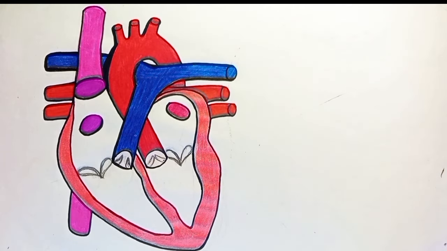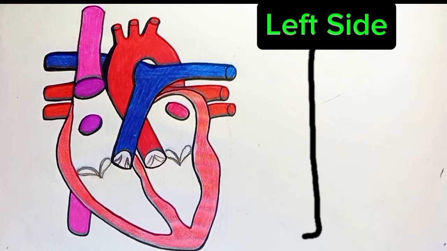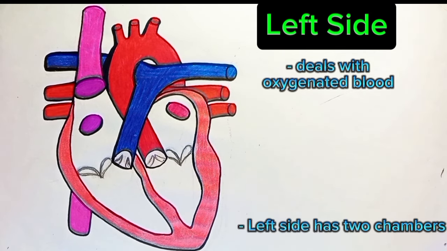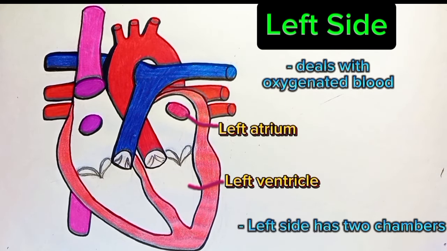Now, let's discuss the left side of the human heart. The left side of the heart deals with the oxygenated blood. The left side of the heart has two chambers, the left atrium and the left ventricle.